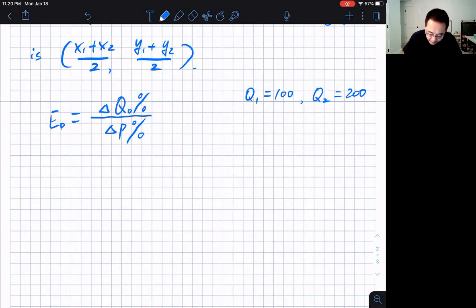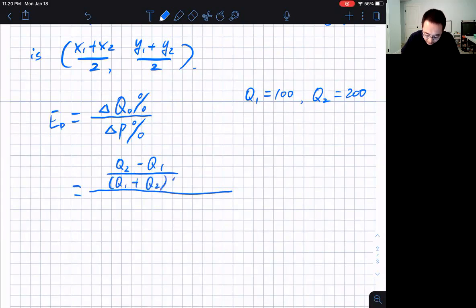And thus the formula for your elasticity: the midpoint method tells you it's the change in quantity, which is Q2 minus Q1, the new quantity minus the old quantity, divided by the midpoint of your quantity, Q1 plus Q2 divided by 2, times 100.